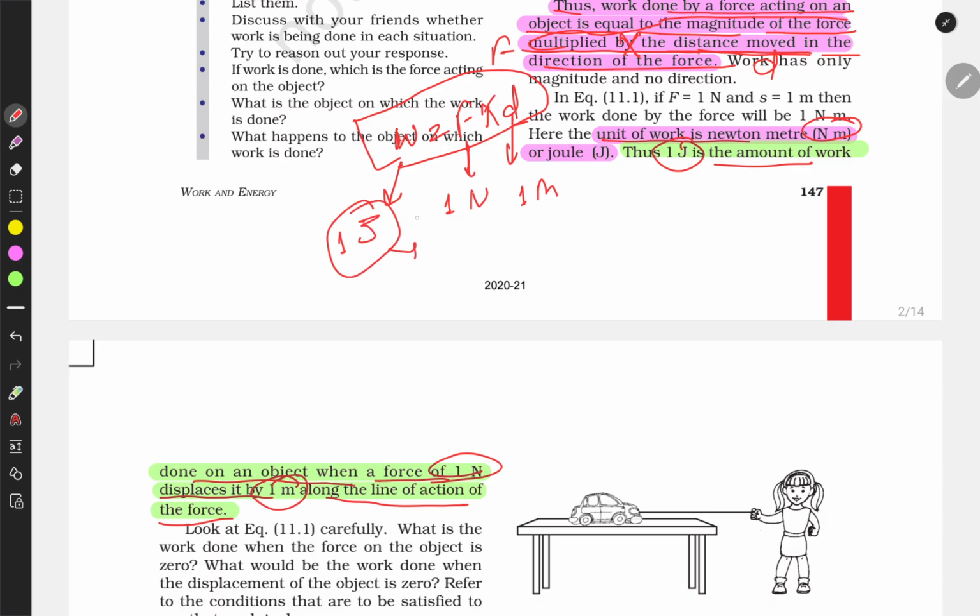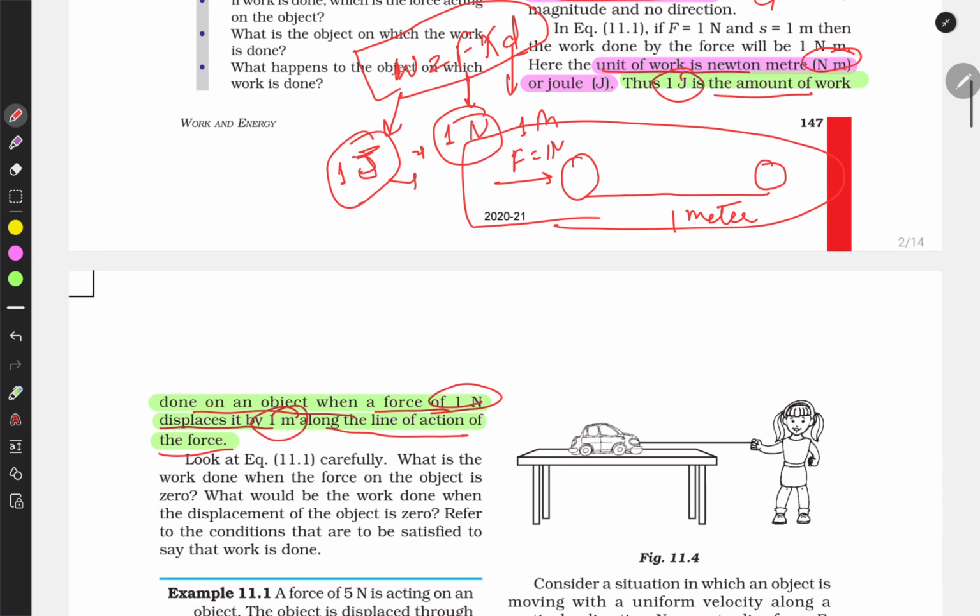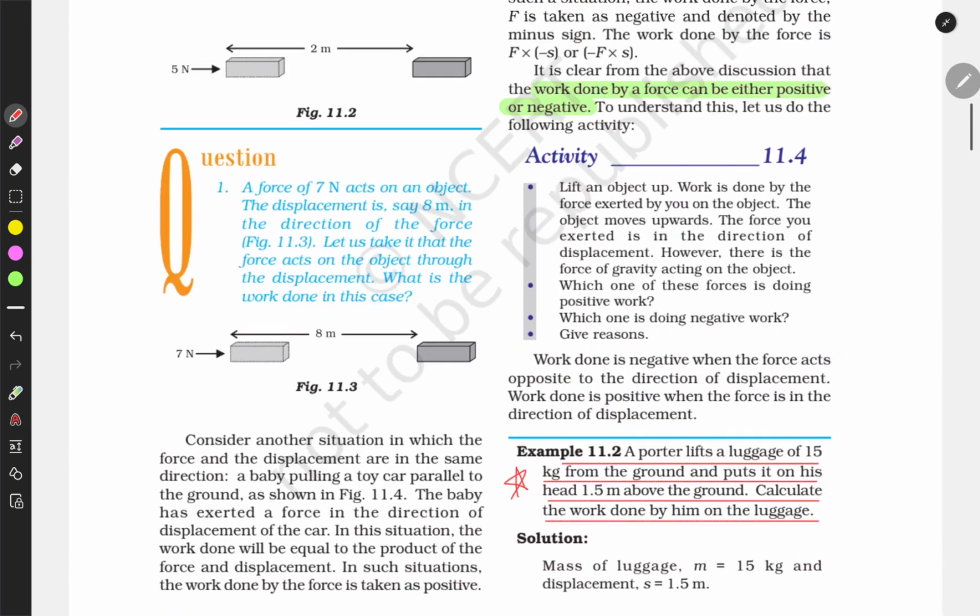So 1 joule of work is done when a force of 1 Newton is applied on an object and it displaces by 1 meter. This is how we can understand this.